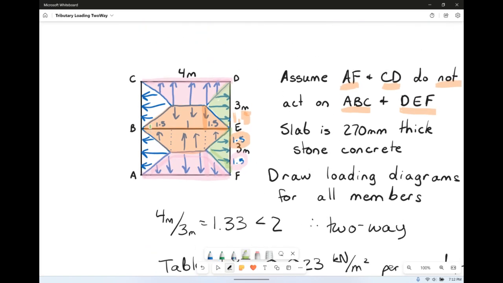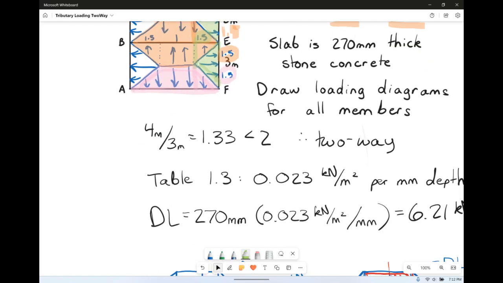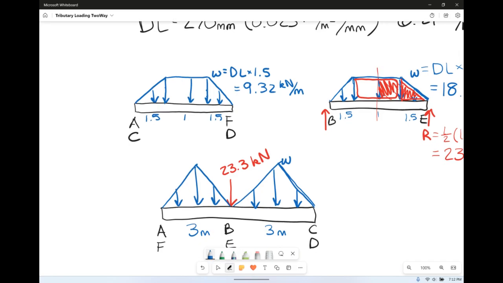What is this height right here? That's 1.5. So our W is going to be equal to the dead load times 1.5. That's the total height of that triangle. So that W again is 9.32 kilonewtons per meter.